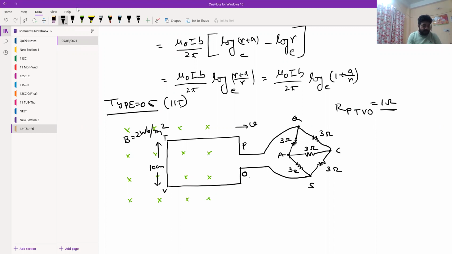What should be the speed of the loop so as to have a steady current of 1 milliampere in the loop? This is the first question. And the second question is, give the direction of current in the loop. Everyone, is it okay? You understand the question?